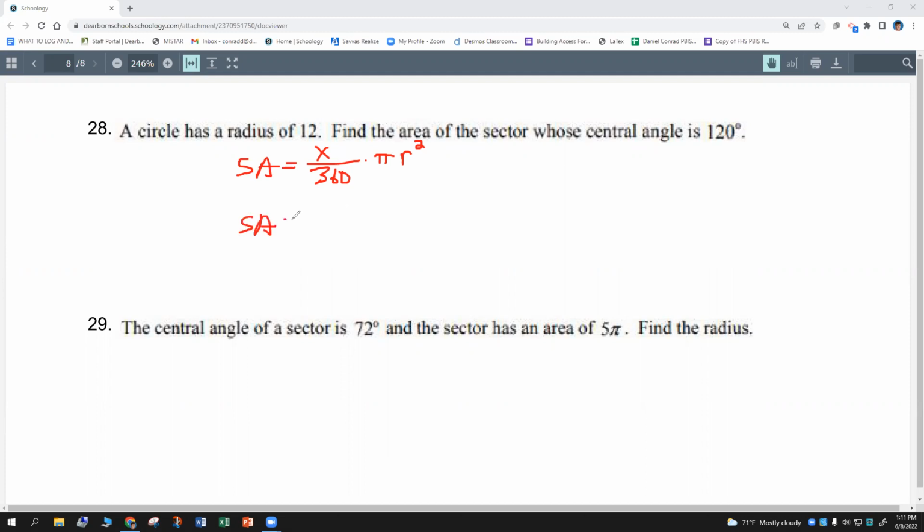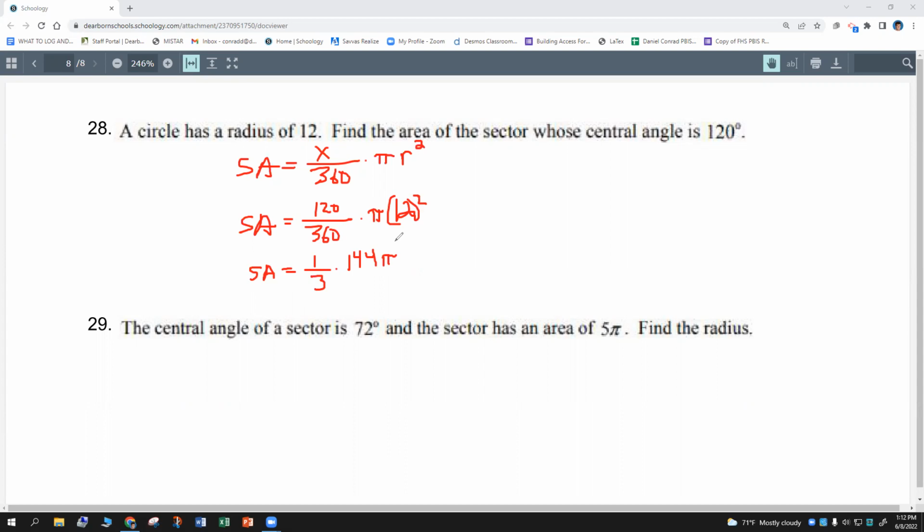Okay, find the area of a sector whose central angle is 120. So we have 120 over 360 times pi times 12 squared. Well, 120 over 360 is a third. So we're going to have sector area equals 1/3. And then 12 squared is 144. And then we have pi.